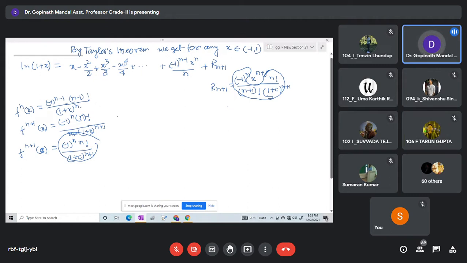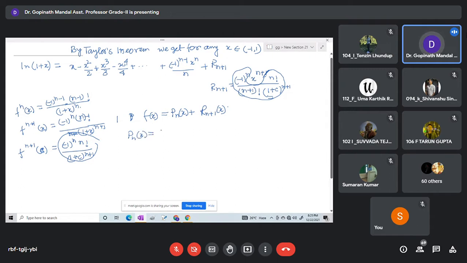By Taylor's theorem, we get actually what? fx equal to Pnx plus that may be Rn plus 1 or Rn, anything you can write, Rn plus 1 x. Okay. Pnx is equal to what?